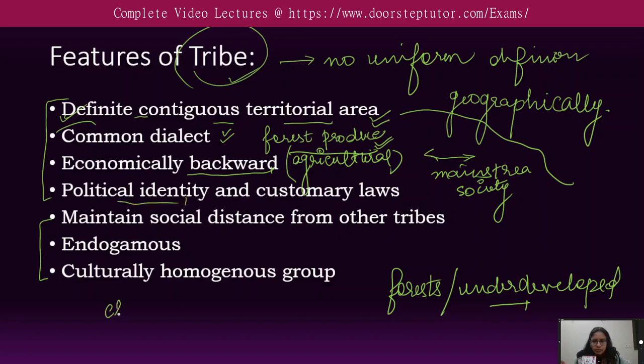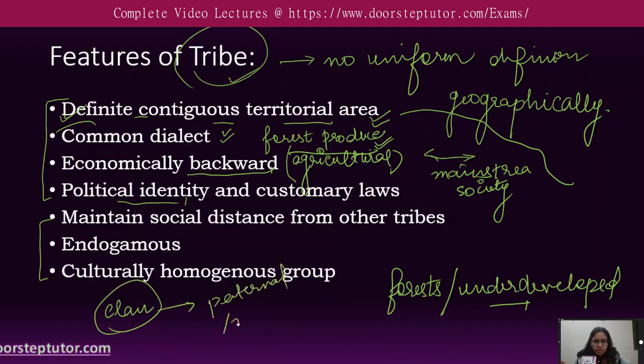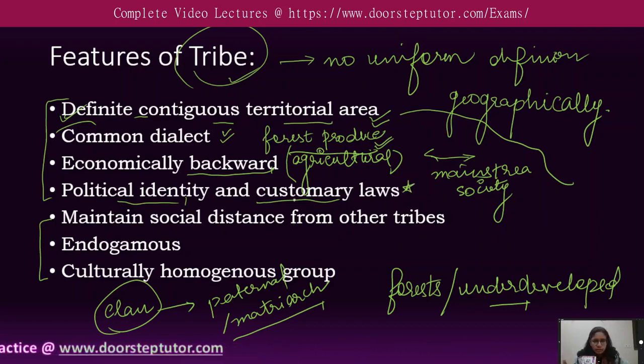Every tribe has a tribal clan which is ruled by a paternal authority, or if it is a matriarchal tribe, then there will be some matriarch, a woman ruling the tribe, and everybody listens to what their authority is saying. And they have customary laws, which means their laws are as per their culture. It is not a formal set of laws given by an outsider authority.